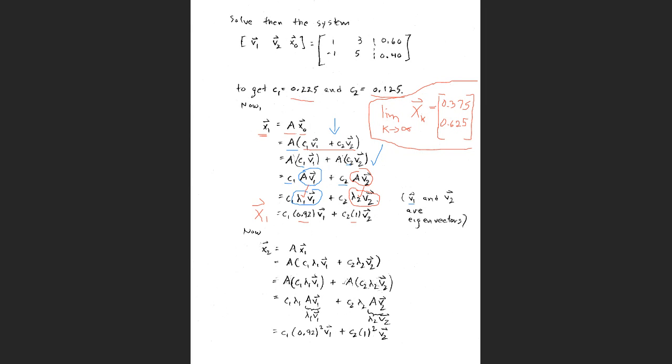Since A is the migration matrix from section 4.9, x sub 1, the population distribution after 1 year for people living in the city and the suburbs, can be written as this linear combination of the eigenvectors of the migration matrix A.